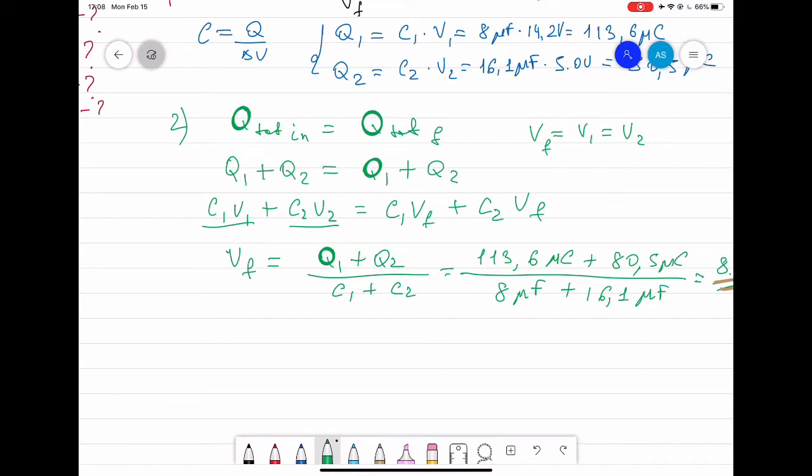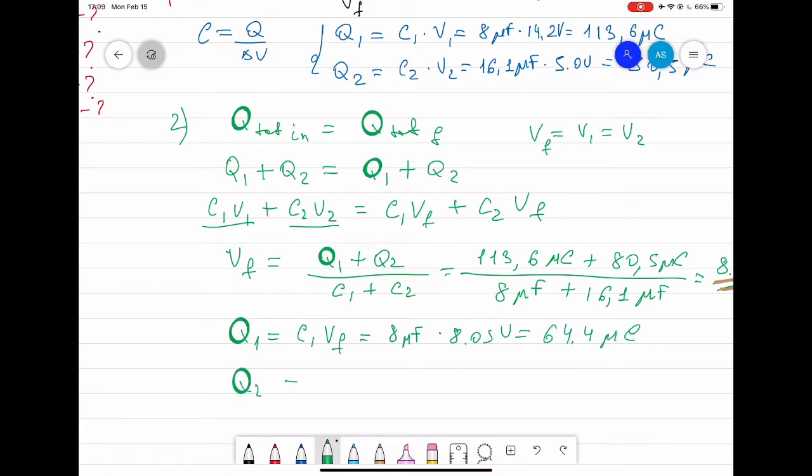Let's find them after connecting them in parallel. Q1 is equal to C1 V final, which is 8 microfarad multiplied by 8.05 volts, and that gives 64.4 microcoulomb.